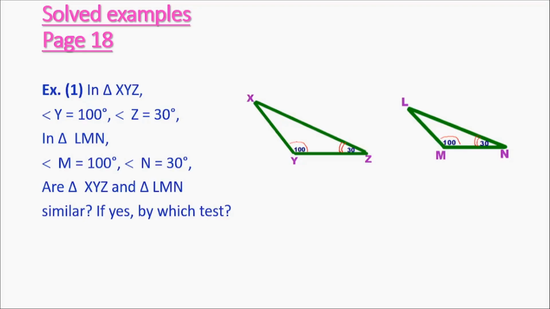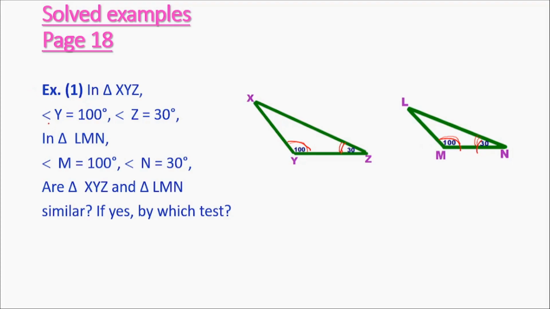The solved example which is given on page number 18. The question is: in triangle XYZ, angle Y is 100, angle Z is 30. In triangle LMN, angle M is 100, angle N is 30. Now what can you see?